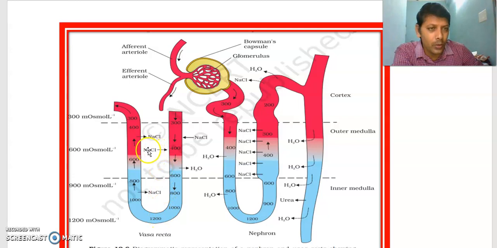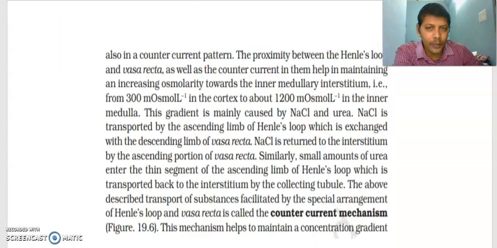Because NaCl solute is coming in here. Why does the osmolarity decrease in this ascending limb of vasa recta? Because NaCl solute is going outside, therefore osmolarity decreases. Here NaCl is coming inside, and in this segment NaCl is going outside.